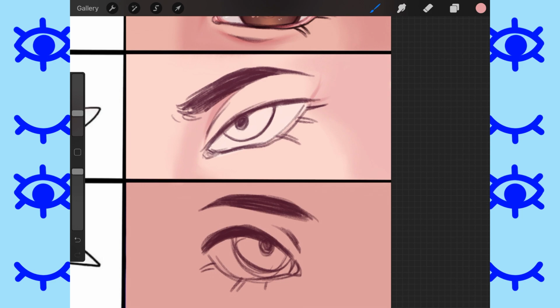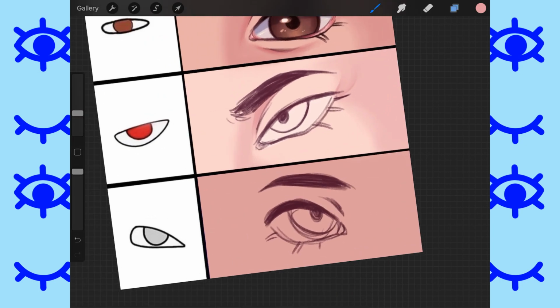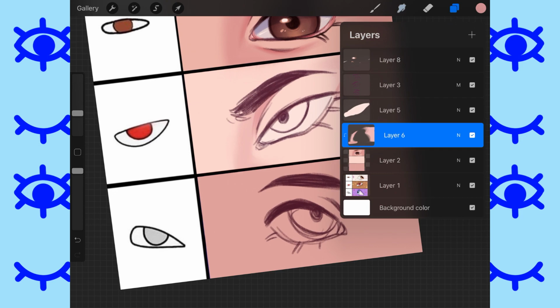Another tip I would recommend is for if you're somebody who really struggles with using references, particularly in the sense of trying to copy them realistically so that you can learn from them. I am someone who hates doing it that way. I hate looking at a reference photo and trying to draw it realistically, because I did that all throughout high school, and it didn't really help me when it came to translating things into my style.